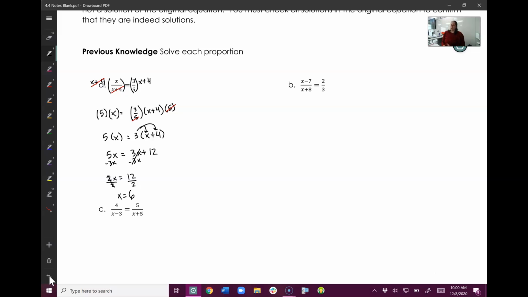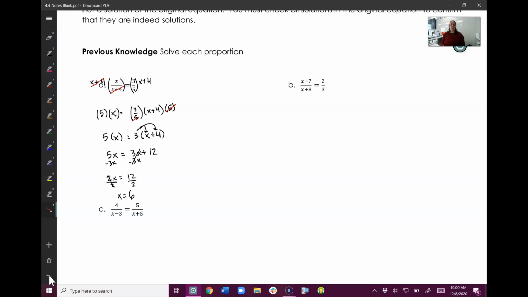Now we're almost done. Something that we have to be careful of in these problems: if you notice, my denominators went from being in the denominator to being in the numerator. Those denominators went from being down to being up.